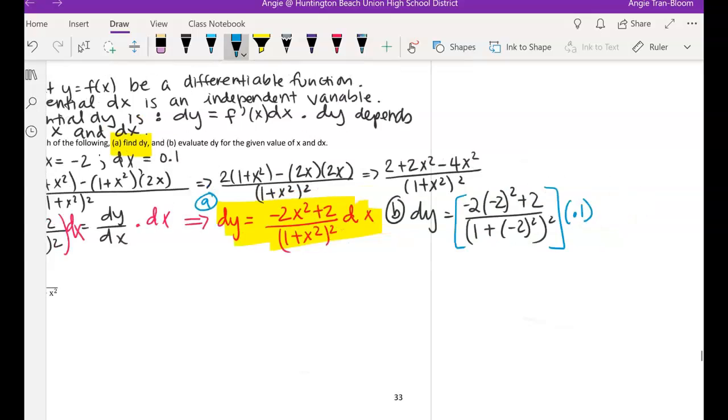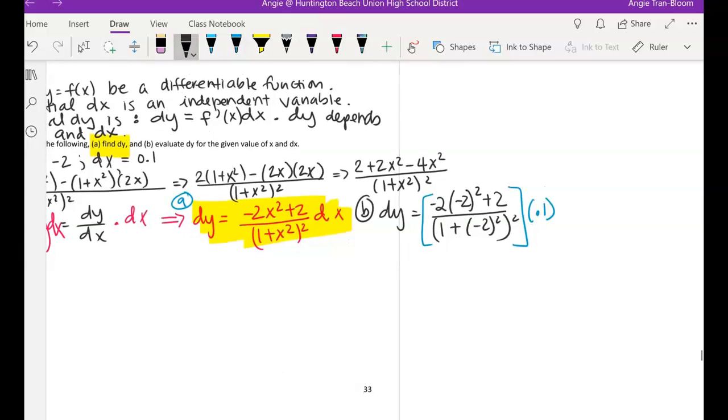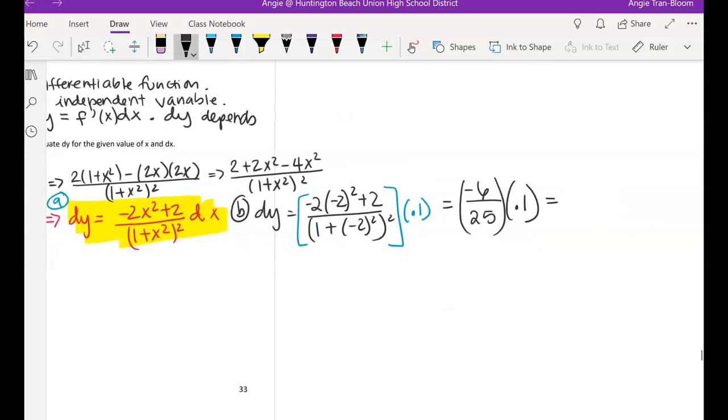On the numerator, that will give us negative 6 over, on the denominator, 25. All of that needs to be multiplied by 0.1. So the change in y is negative 0.024.